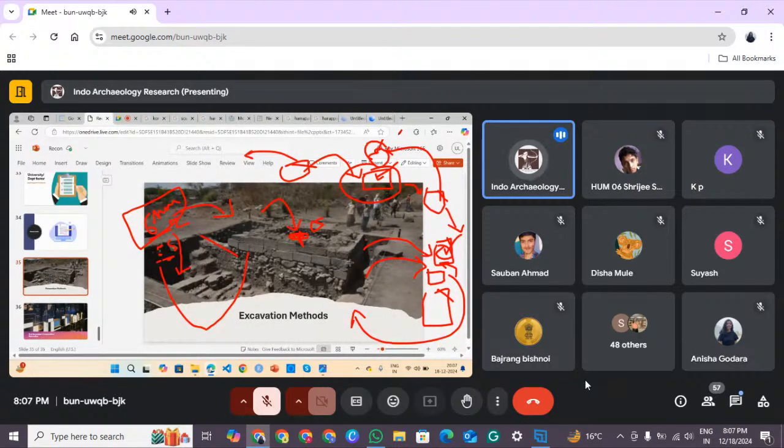Firstly, what you are going to do with this site, how you are going to conserve the site, and the objects you are going to find. You cannot keep the objects at your home. You need to hand them over to the museum.